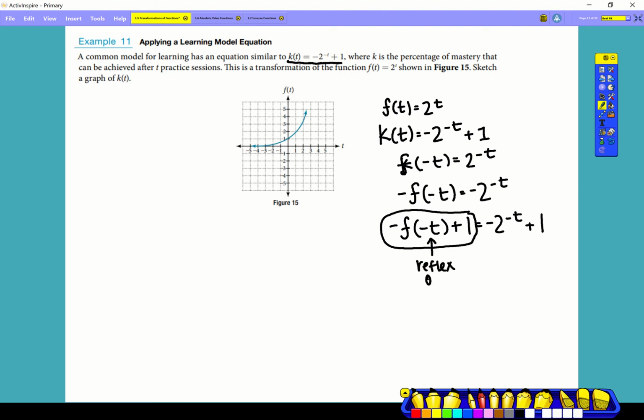So this is a reflection over the y. Secondly, I'm going to deal with this reflection over the x, and then I am going to do the vertical shift.